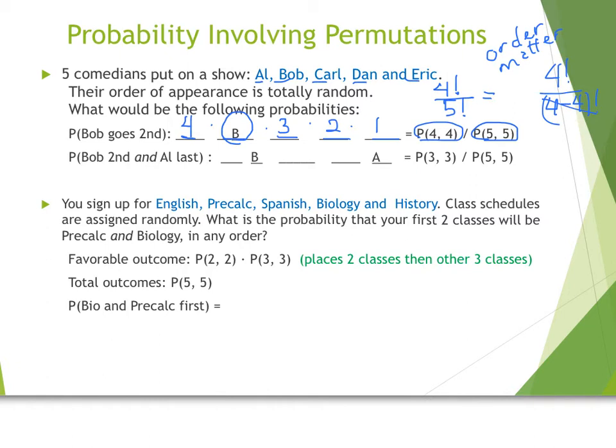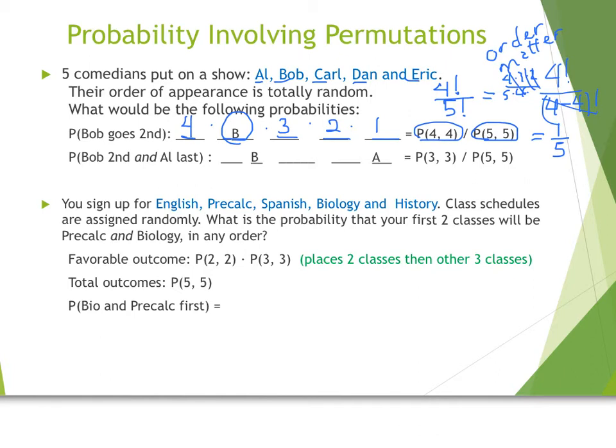And so when you work this out, we have 4 times 3 times 2, etc., over 5 times 4 times 3. So it all simplifies out to there is a 1/5 probability of Bob coming in second, or being put second to perform. Which if you think about it, there are 5 places, and he wants one of them, so it kind of makes sense that there'll be 1 out of 5 probability.